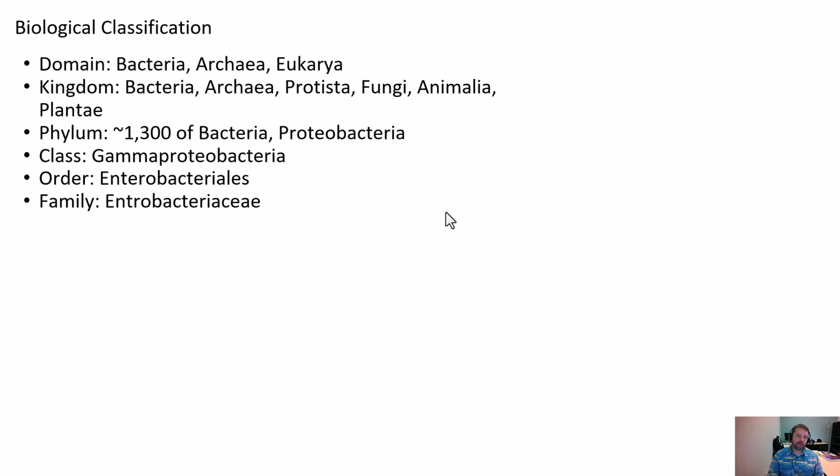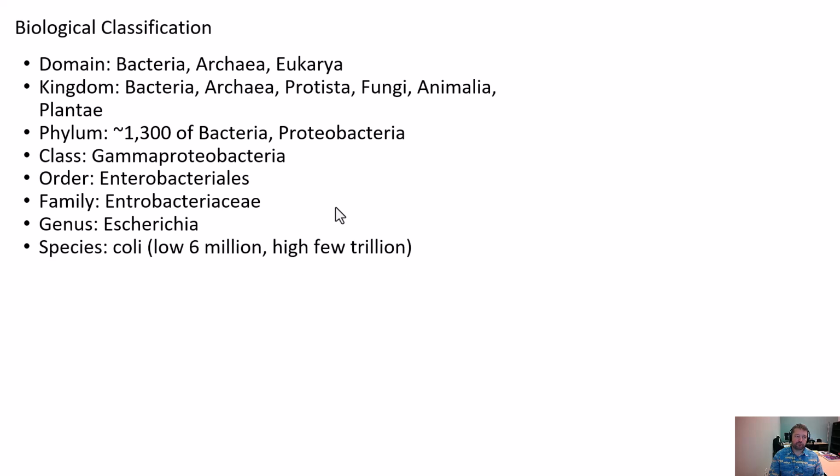Enterobacteriaceae, okay, often ACEAE or some form of ACEAE indicates that it's a family. Most things that have ACEAE, it's just an indicator that that's the family name. So keep that in mind when you're classifying things. And then the genus Escherichia, which we normally just abbreviate as E, and then the species is coli.